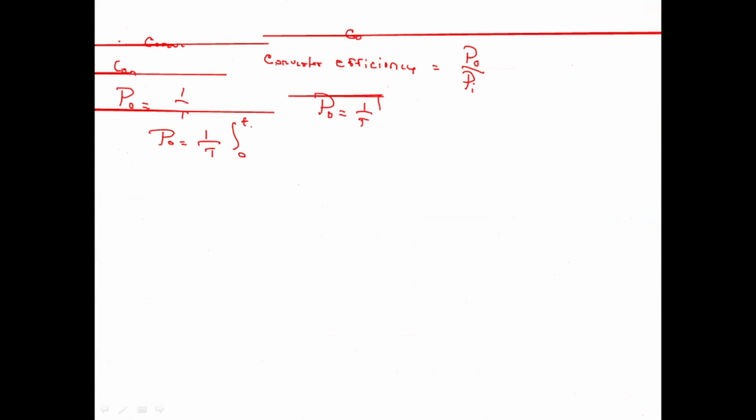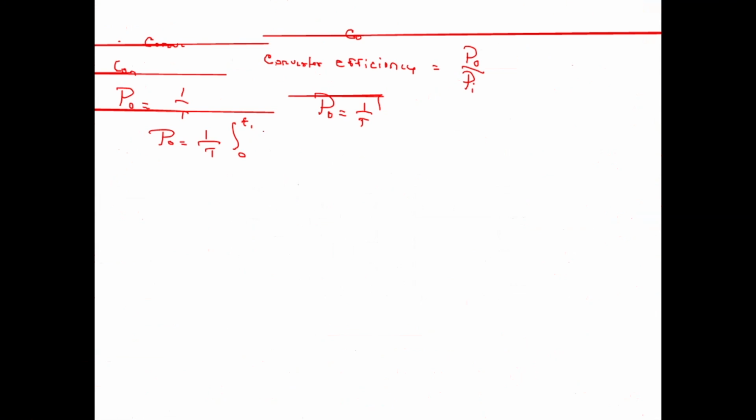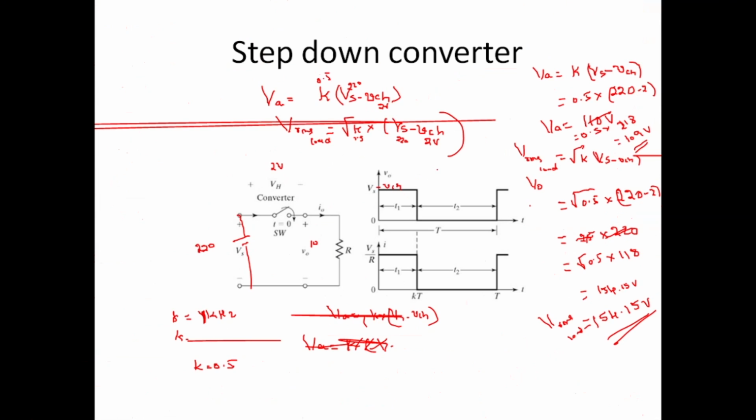Then the output voltage, ideally this is Vs. In my case this becomes Vs minus V chopper, correct? Because we are considering the chopper loss. So that is the voltage. Then what is current? This is Vs minus V chopper divided by R.